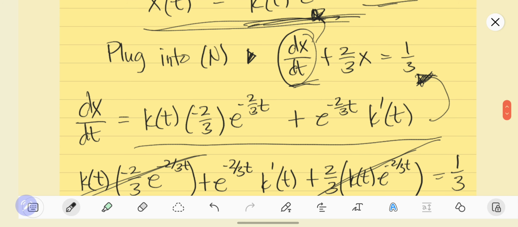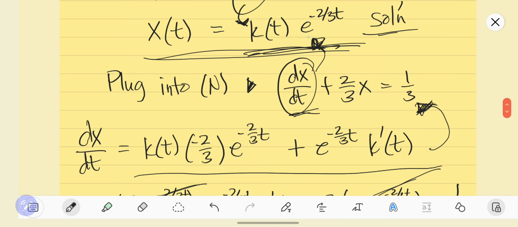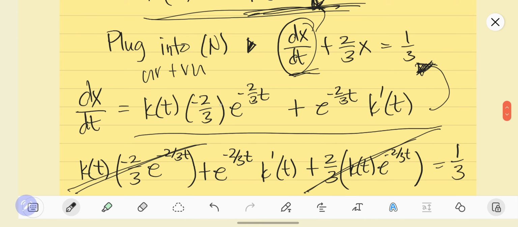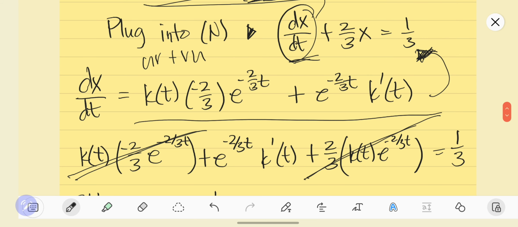The derivative of k of t e to the negative 2/3 t is, using uv plus vu, k of t times negative 2/3 times e to the negative 2/3 t plus e to the negative 2/3 t k prime of t.